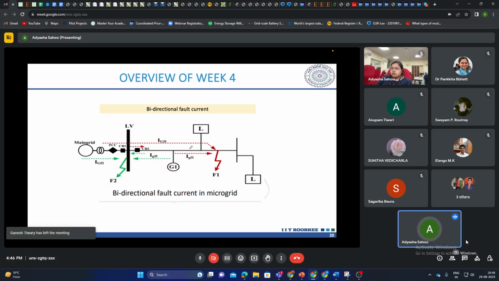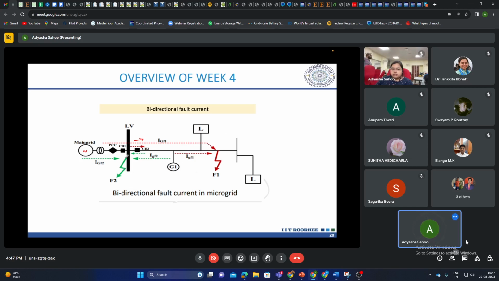Moving on, the second issue we are facing is the case of bidirectional fault current. Here again, let's say we had a fault F1 in the first condition. Here we have two sources: the grid, and then this generator. When there is a fault here, the fault current seen by this relay is in this direction, and it will trip so as to remove this part.